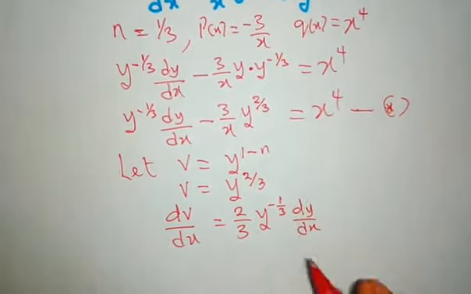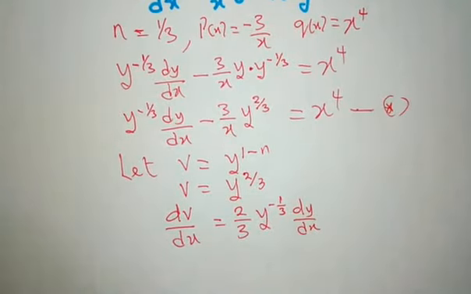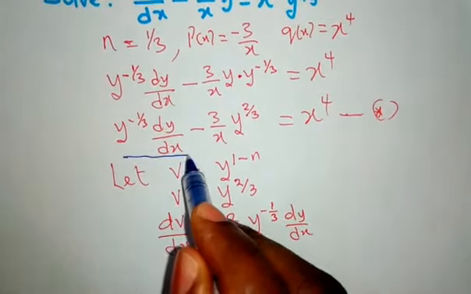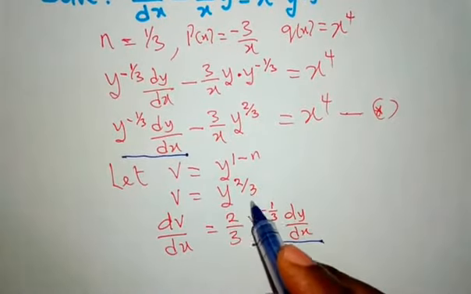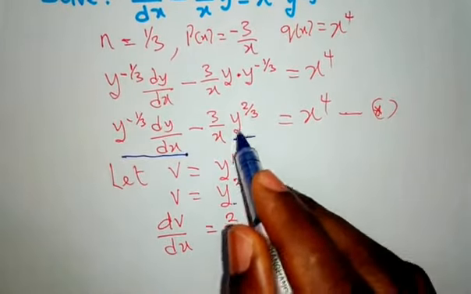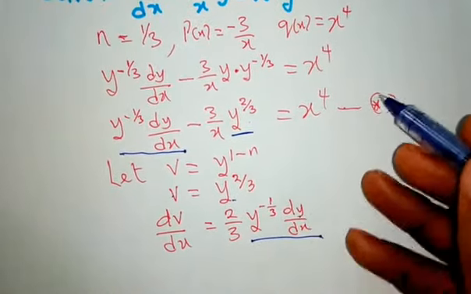Now, if you look carefully, we observe that this expression is the same as what we have here, while v is equal to this. So we can substitute this into equation star.